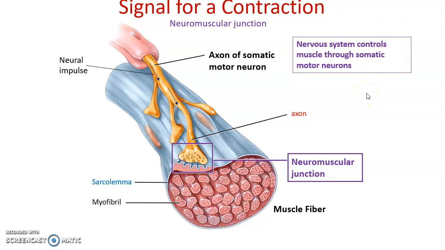All right, so the signal comes from a neuron. A neuron sends a signal to the muscle fiber to say contraction must occur. So somatic motor neurons are required, and they form a connection with a muscle fiber at a spot called the neuromuscular junction. Neuro for neuron, muscular for the muscle cell. So that is where they connect.